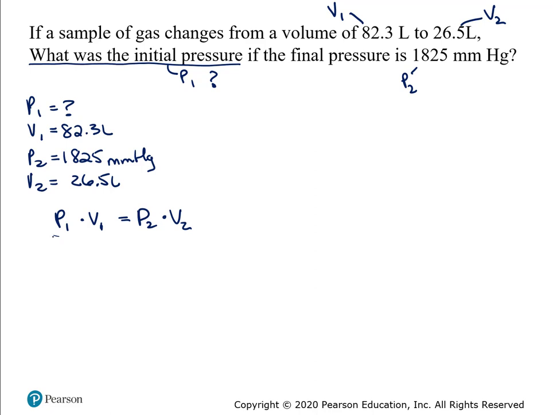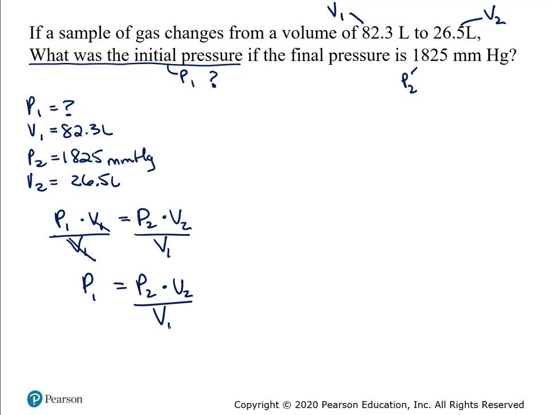Divide by V1. Do you see that the V1s will cancel? Whichever one you don't know, you've got to get it by itself, so typically you have to move one of the units to the other side. So now I have my formula: P1 is P2 times V2 divided by V1.